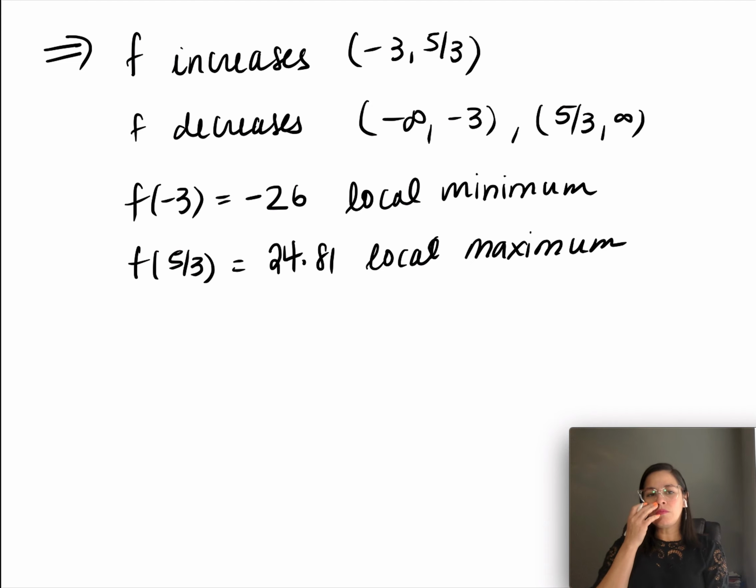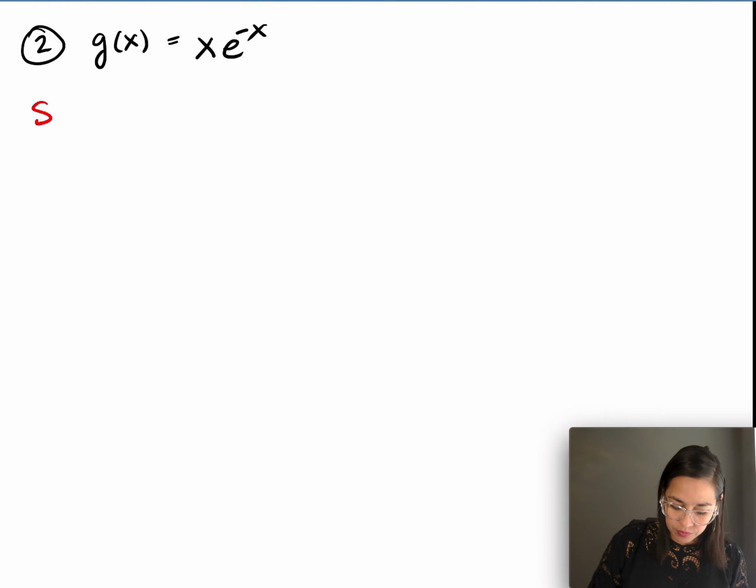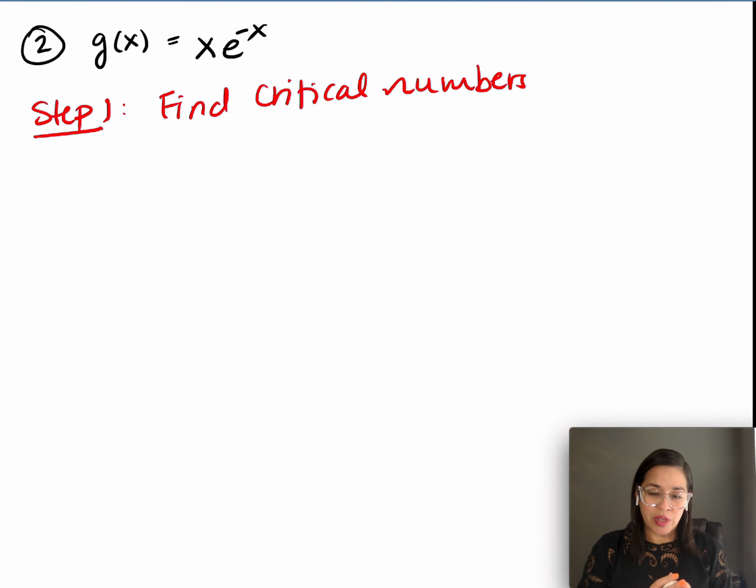Okay, perfect. Another example. Now we have that g of x is equal to x times e to the negative x. So step 1, we need to find critical numbers. Well, in my last video, we saw that this function has only one critical number at x equals 1, but I figured, let's just do it again, okay?